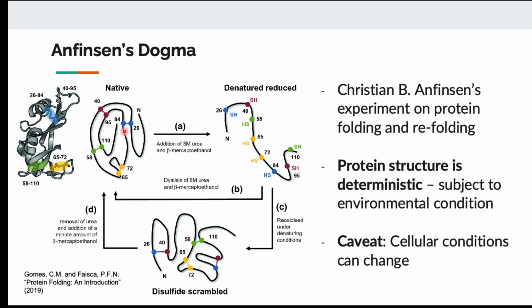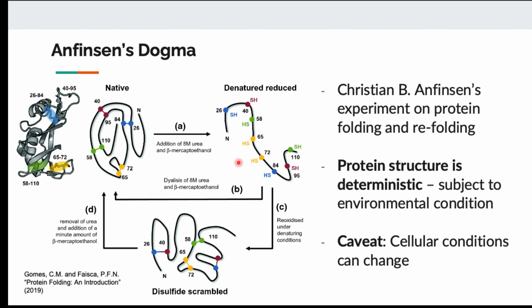So this kind of sparked the idea that if we are focusing on just the cellular condition, knowing the amino acid sequence is like knowing just this denatured form. If we put it in the cellular condition, it's good enough to specify the final structure.